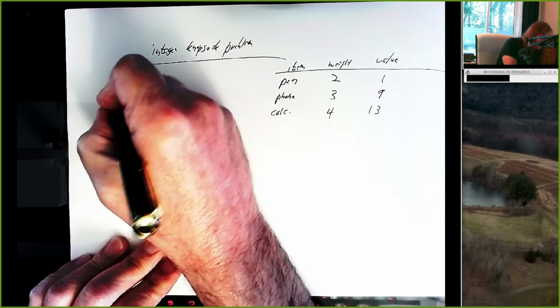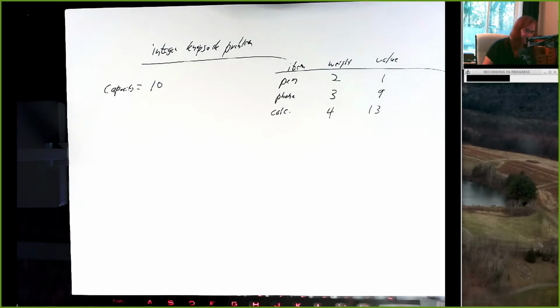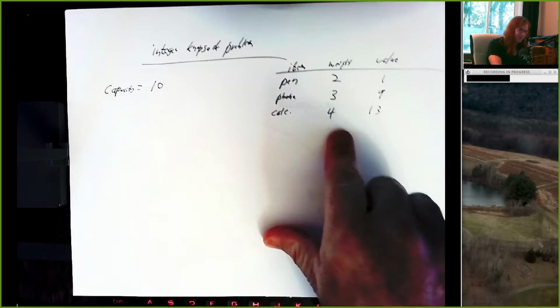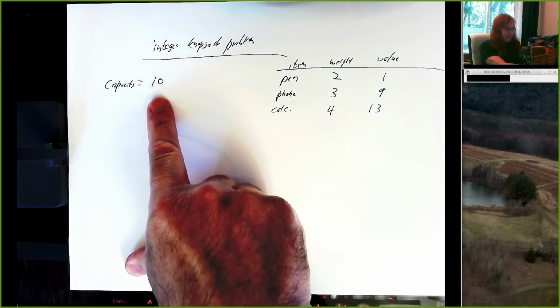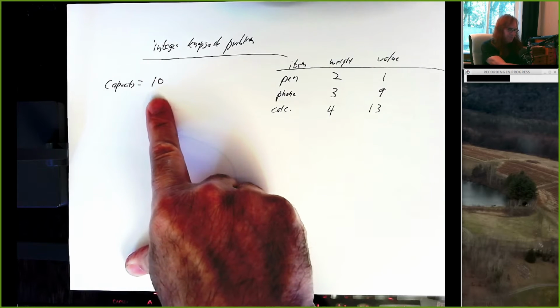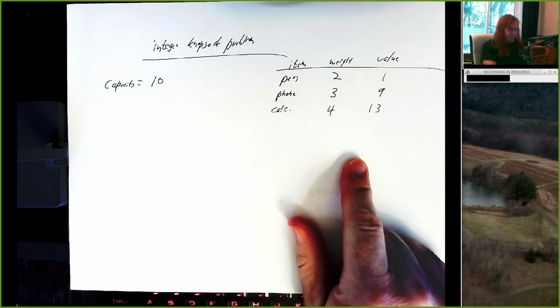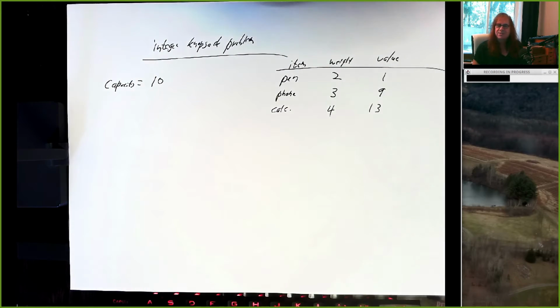And the capacity of your bag is 10 pounds. You're going on your shopping spree, and you're allowed to take any number of these that you want, as long as you don't exceed 10 pounds in weight. Your goal is to pick some set of items so that you maximize the value that you get out of that 10 pounds of storage. All right, so that's our setup.